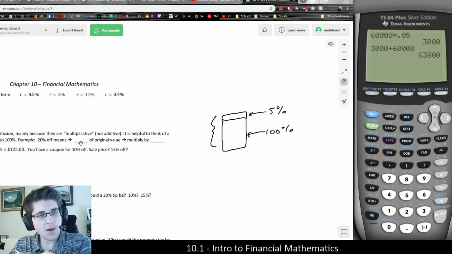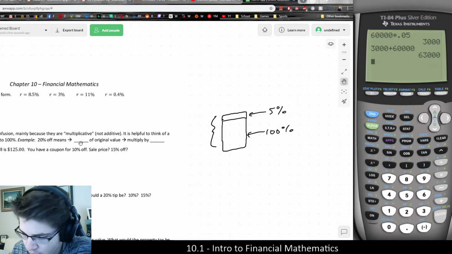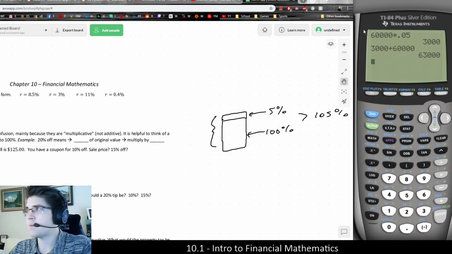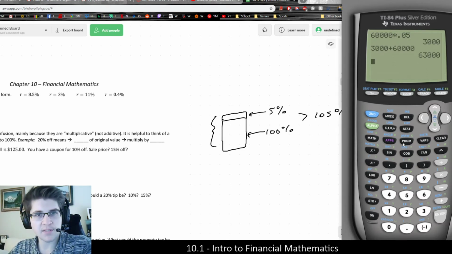And if I lop on 5% on top of what I started with, that amounts to a total of 105%. So instead of taking my initial salary and multiplying by 5%, I could take my initial salary and multiply by 105%, which would be 1.05.